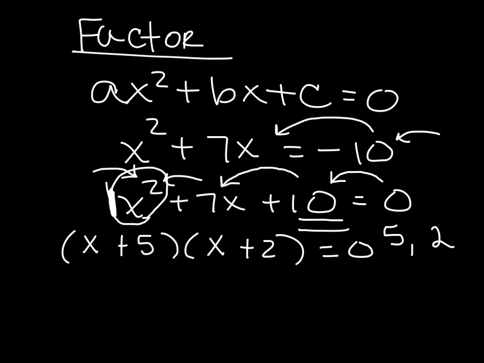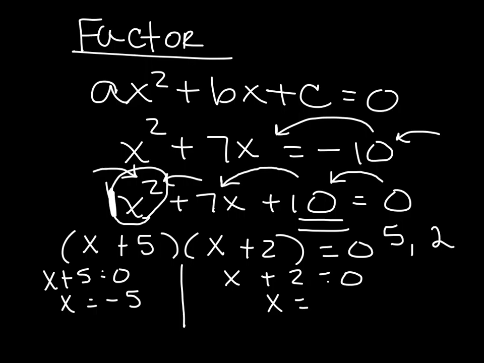Now, to solve, you just set each factor equal to 0, and you solve. And that's just a quick little review of being able to factor these. You can check it by taking your answers and plugging them in one at a time and just see if they work. You want to be confident that your answers are correct.